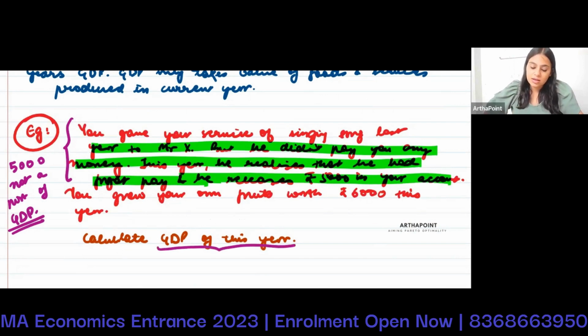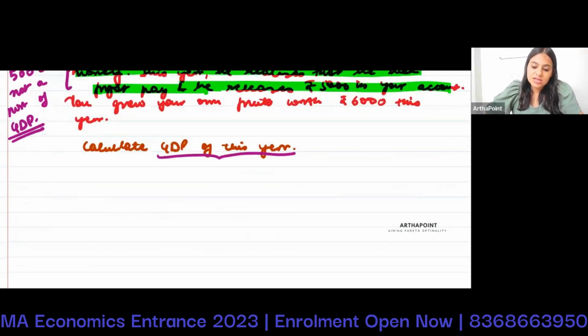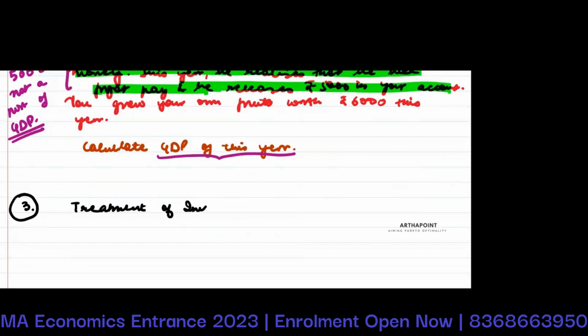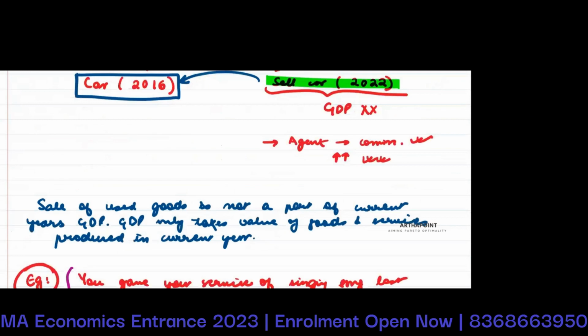Now, let's take the third rule, very important. This is treatment of inventories. Excuse me, ma'am. Yes. In the previous point, if I resell the car in 2022, what about the income I get out of it?